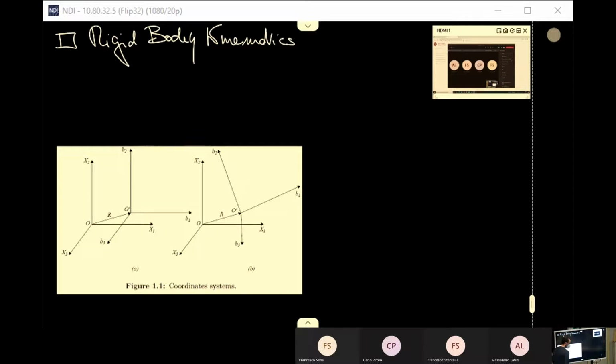Okay, so last time we ended the lesson saying that in order to be able to describe the rotation and the translation, so the general motion of a rigid body, we needed to define 6 parameters in order to be able to detect in a unique way the position and the orientation of the body.